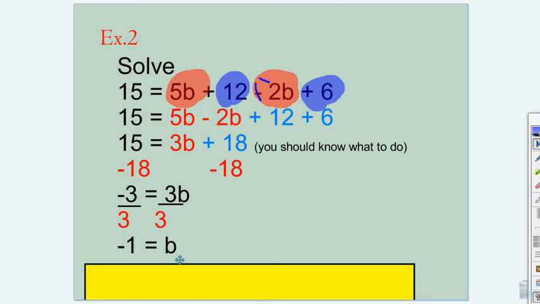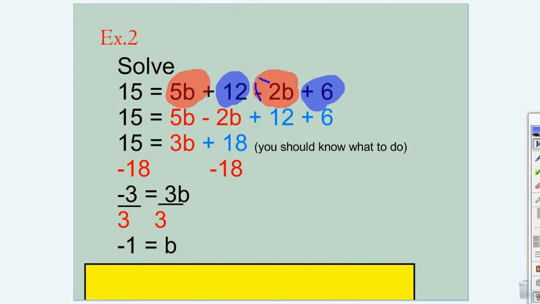And notice I just kept the b on the right. I don't really need to put it on the left. So that's fine. If I put in negative 1 for b here and here, so 5 times negative 1 plus 12 minus 2 times negative 1 plus 6, I should get 15. I feel confident in that, although I do make mistakes. But that would be the answer.